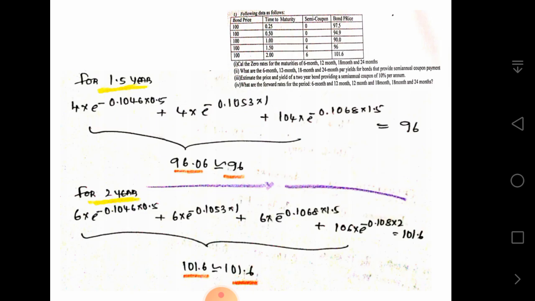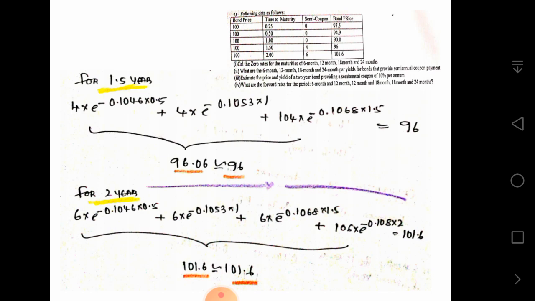Similarly, for 1.5 years, if you want to calculate the par yield, the coupon is 4, it is given. So 4 into exponential to the power of minus the 0 rate for 6 months multiplied by 0.5, plus 4 into exponential to the power of minus the 0 rate for 1 year multiplied by 1, plus 104 into exponential to the power of minus the 1.5 year 0 rate multiplied by 1.5, should be equal to 96.